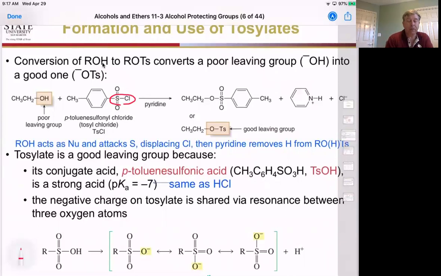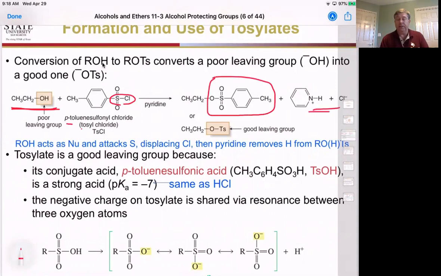So we take any alcohol here, like a primary alcohol, for example. Again, that hydroxide makes it a very poor leaving group. We react it with the tosyl chloride, giving us this sulfonate ester group here. And our HCl is taken up with the pyridine right here.